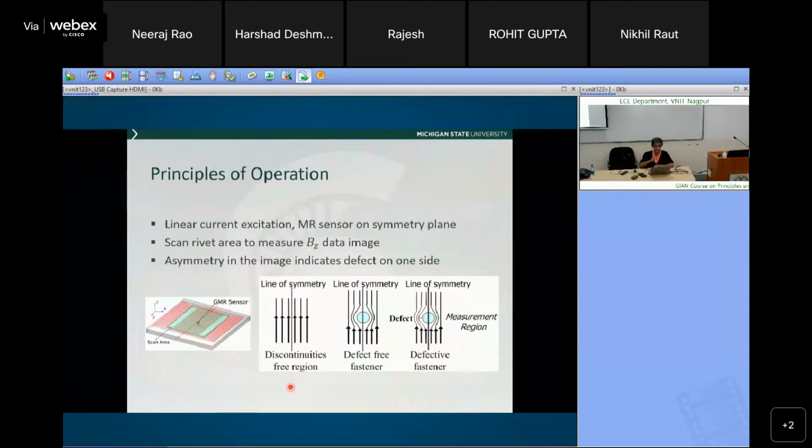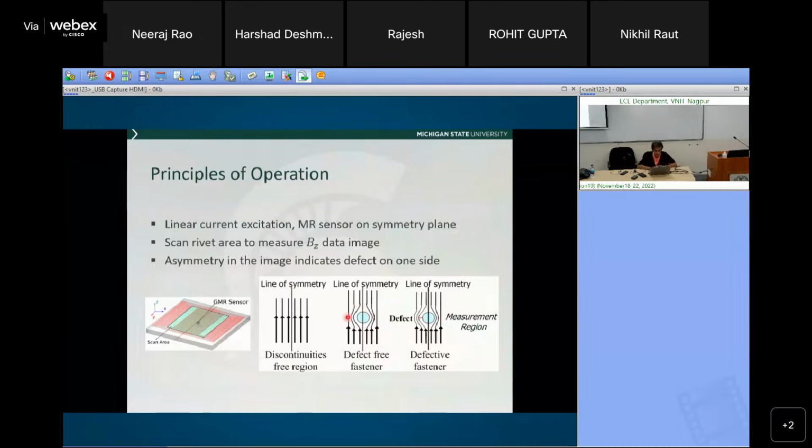Okay, the normal component is zero over here, and we can mount an array of GMR sensors, and we have seen that when there is a rivet, the induced currents will bend, will create a normal component. So the GMR sensor is going to pick up only the normal component.